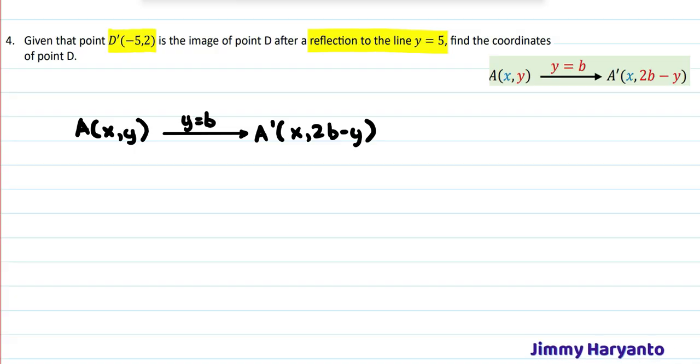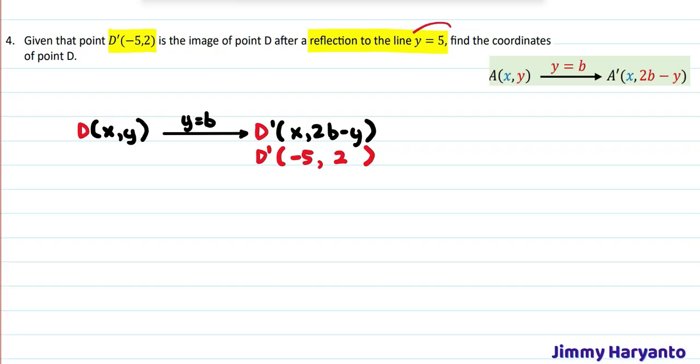Okay, so let's replace the variables with the information given. The point is D, so let's change the A into D, and then the D prime is already given. D prime is negative 5 comma 2. Write it down like that.